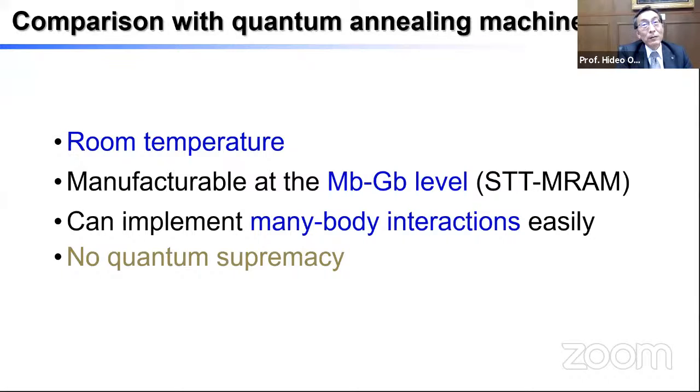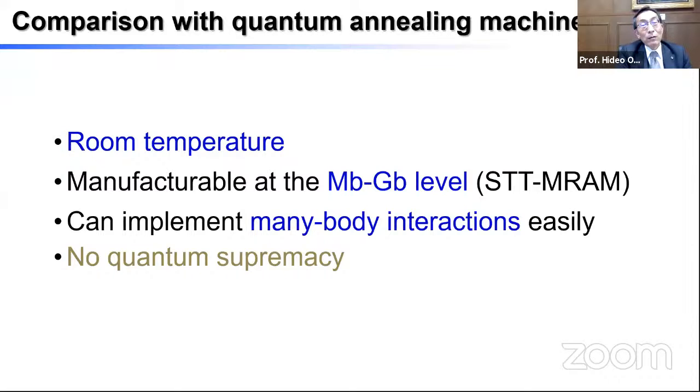We have a manufacturable base at the megabit to gigabit level, because the only thing we used here is STT-MRAM, or magnetic random access memory, utilizing magnetic tunnel junctions, and the industry is already working at the 1 gigabit level. So all we need to do is connect it appropriately and make it much more unstable than they are now.